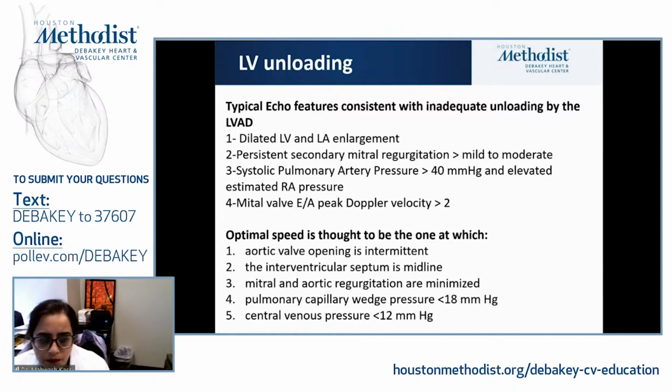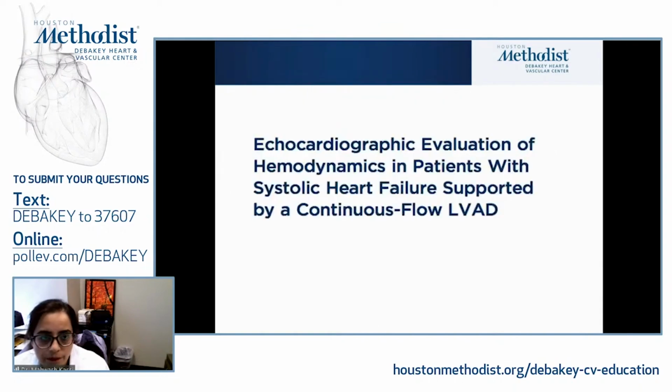By echo, that means your mitral valve E to A peak Doppler velocity ratio is less than 2, and your PA systolic pressure is less than 40. Again, mitral regurgitation is minimized as much as possible. And then the LV end-diastolic dimension: whether it has reduced appropriately by increasing the LVAD speed, without causing a significant shift in the interventricular septum and causing suction events.